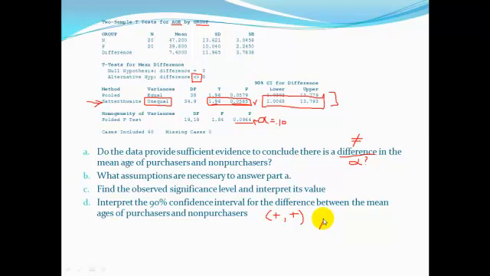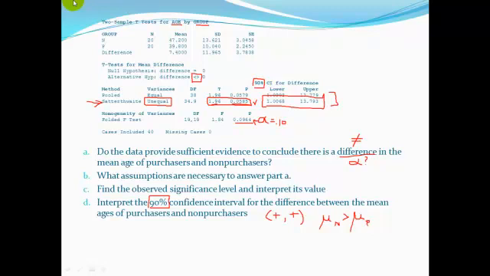We're going to be 90% confident that mu1, which in this case is the mean age of non-purchasers, is bigger than the mean age of purchasers. Mu1 is bigger than mu2, and we're 90% confident of it. Now you notice that we're pretty close to zero here. That 1 is getting pretty close. If you change this to 95%, I think you're going to get a different answer. Play around with it and see what you can do.